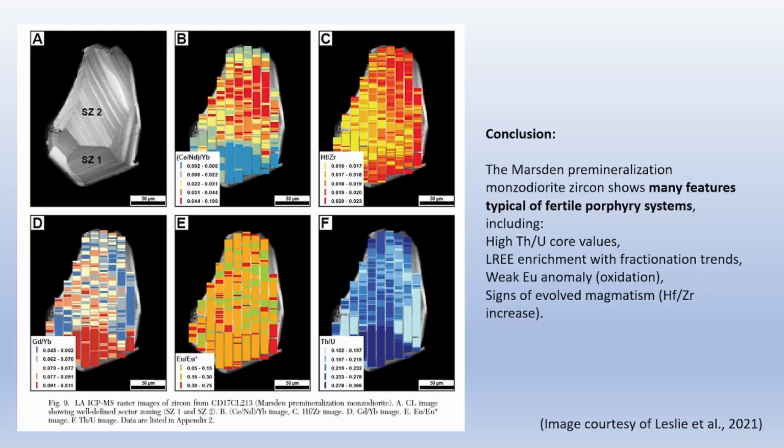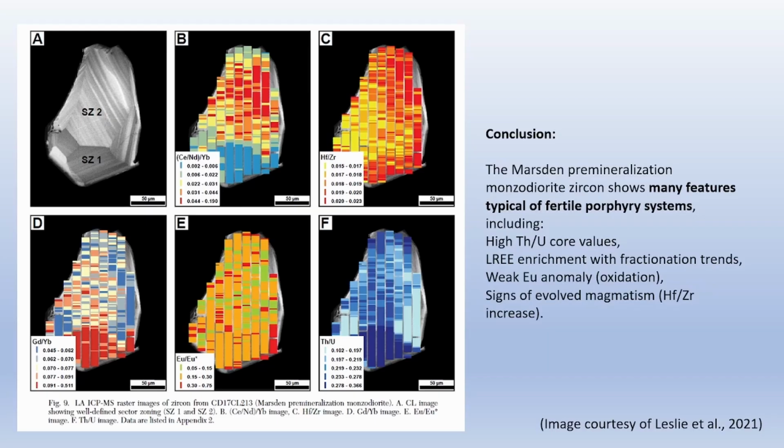That means more is left behind to enter into the zircon crystals. And what we see here are orange and red zones, especially toward the rim, which suggest a weak or suppressed europium anomaly. So this means that the magma was oxidized and early water rich, which are two hallmarks of porphyry fertility.